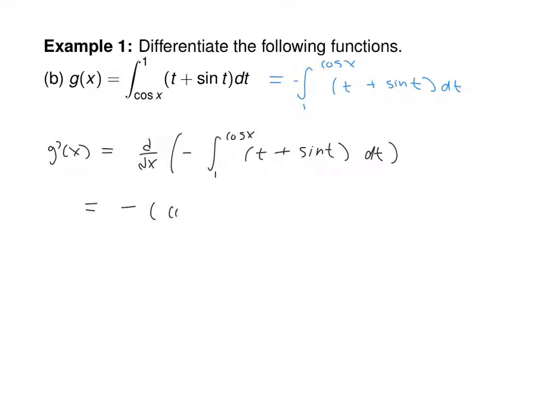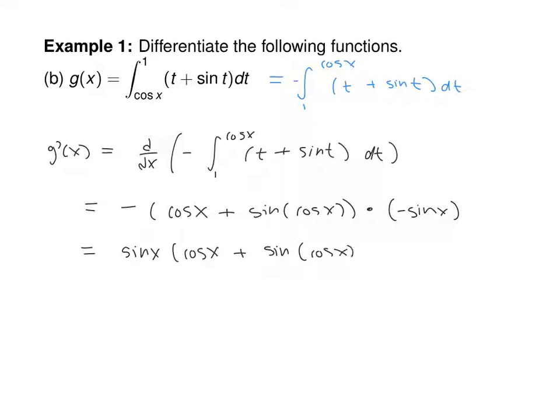So negative cosine x plus sine of cosine x, multiplied by what from the chain rule? Great, negative sine x. And so the most you can do there is that the negatives can cancel, and you could write that as sine x times cosine x plus sine of cosine x.